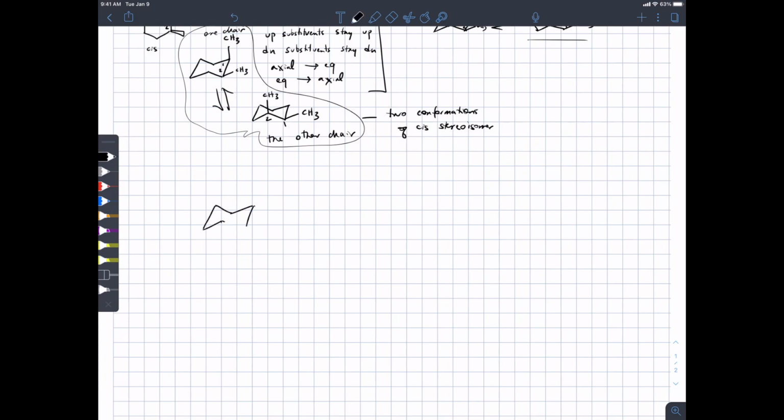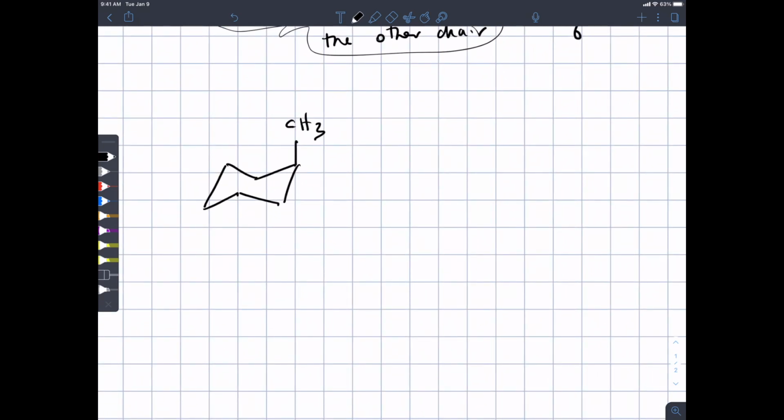Let's just look at a cyclohexane molecule with just one substituent on it. And we want to make sure that you understand why it is more stable to have the methyl group in an equatorial position than in an axial position.